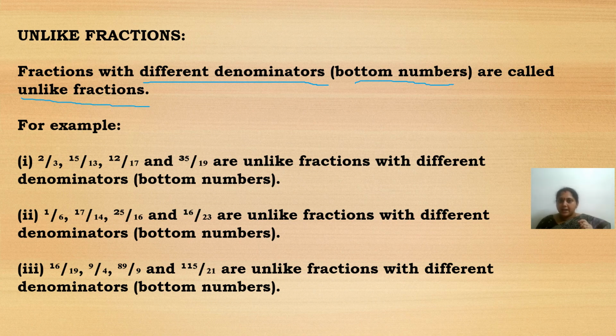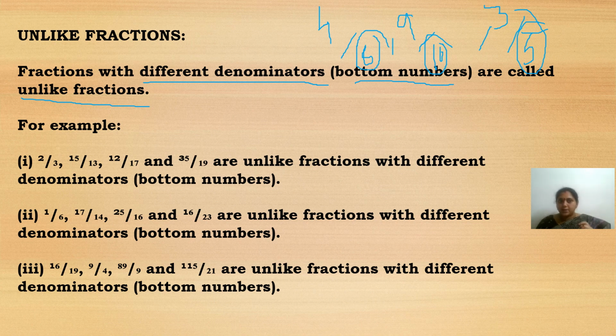Suppose I have taken 4 by 8, 9 by 10, 3 by 5. What you are observing here is that the bottom numbers are totally different. Such types of fractions are known as unlike fractions.